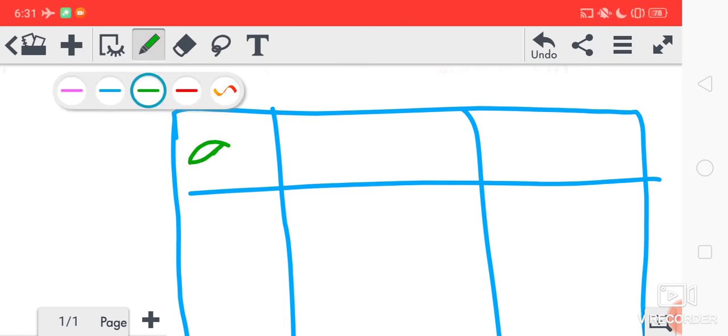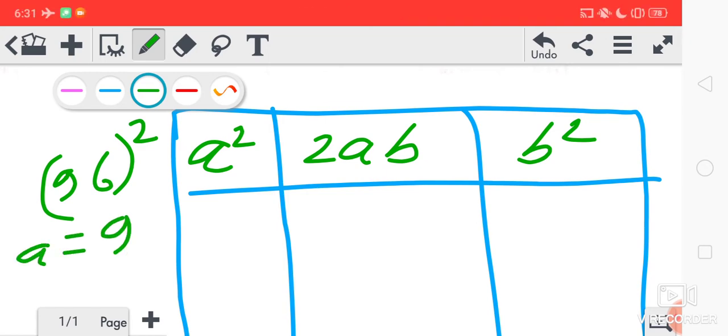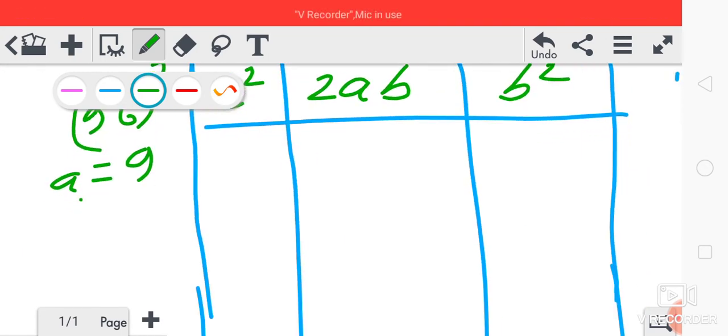In the first one a square, then here 2ab, then b square. And how much do we have to find? 96 square we have to find. So a we will take as 9, and b we will take as 6.